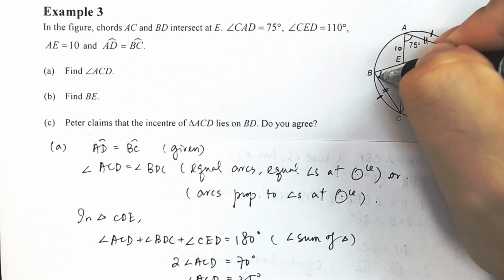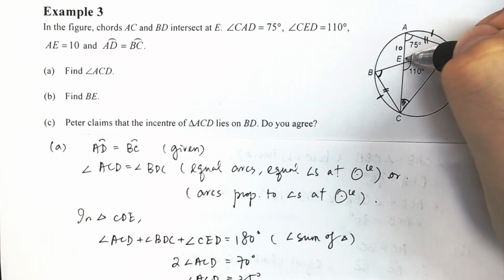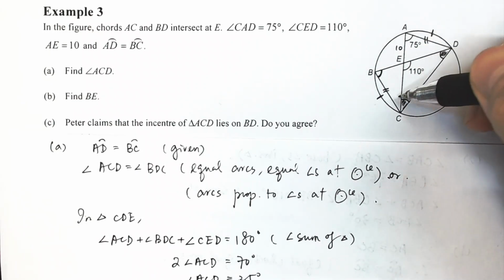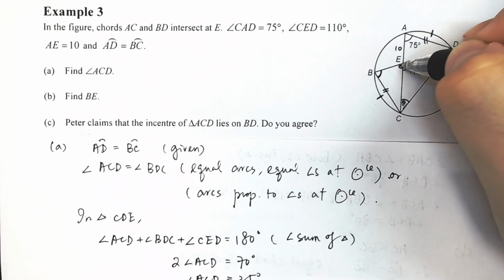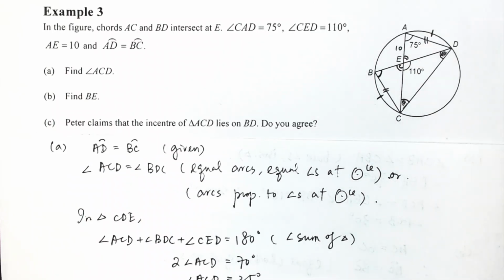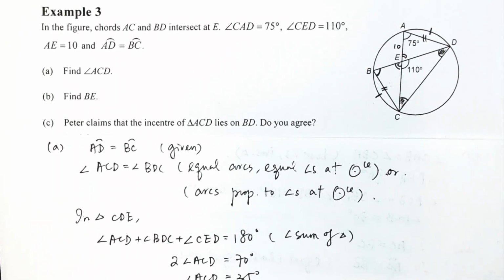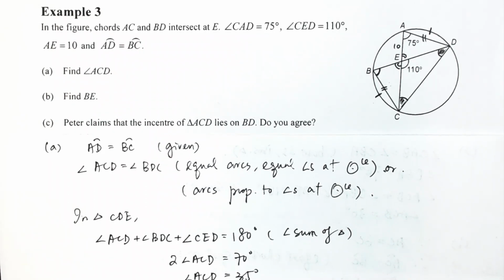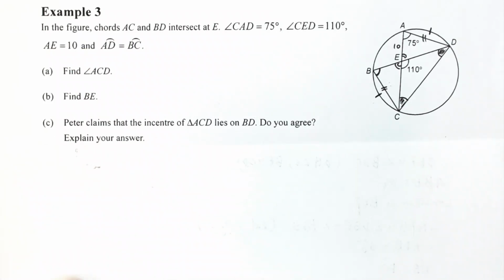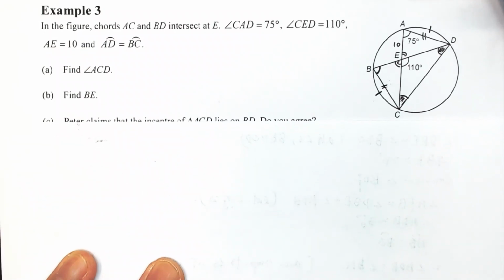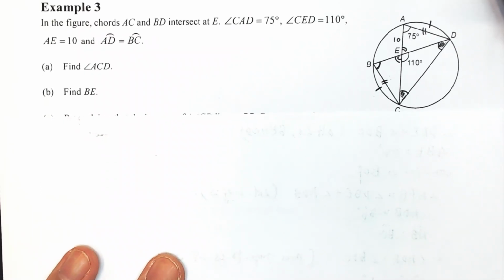So this is 75, and also we can use angle in the same segment again, or vertically opposite angles to conclude the 2 triangles being congruent, and thus BE is actually equal to 10. Okay. Now, BE is equal to 10, so we just need to present it properly. And since it involves a proof of congruent triangles, you need to write clearly the proof.